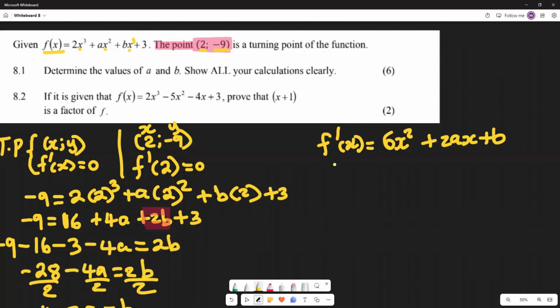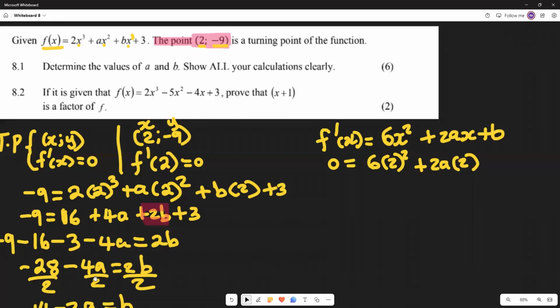Now we know that on the turning point the gradient, or the derivative, is 0 when the x value is 2. So we're substituting 2 for x. But we know what b is, right?